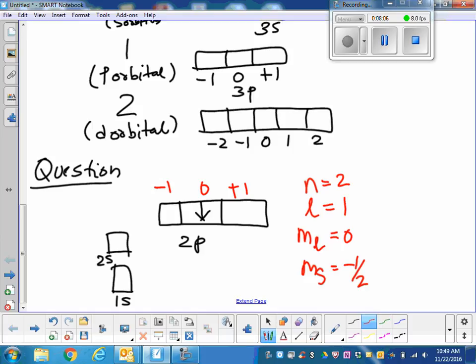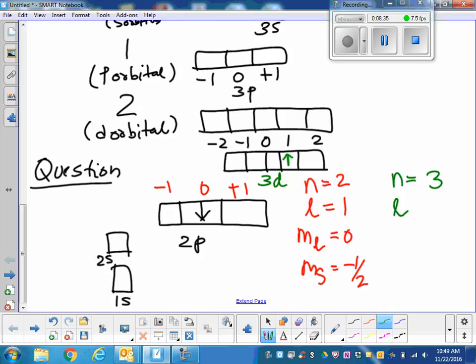Suppose I give you an electron in a 3d orbital. Let's assume this is the 3d, and I have this electron here in the 3d orbital. Can you list the 4 quantum numbers? What do you think n is going to be? 3.